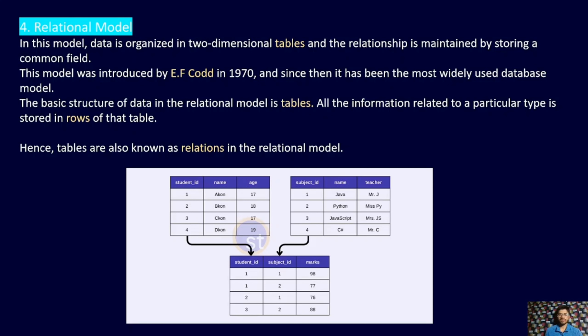The basic structure of data in the relational model is tables. All information related to a particular type is stored in rows of the tables. Hence, tables are also known as relations in the relational model.